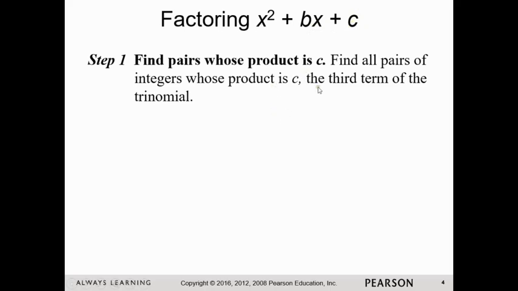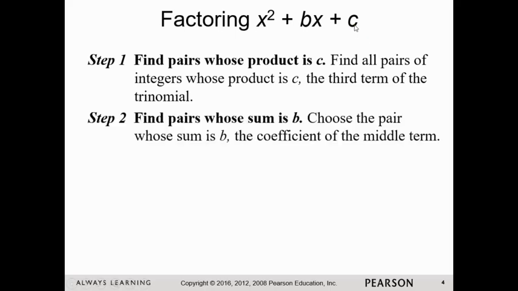So the idea is to find pairs whose product is c, the third term of the polynomial, or trinomial, sorry. And as we find the pairs of c, we want to look for something particular about them, and that is that they also sum up to b, the coefficient of the middle term.